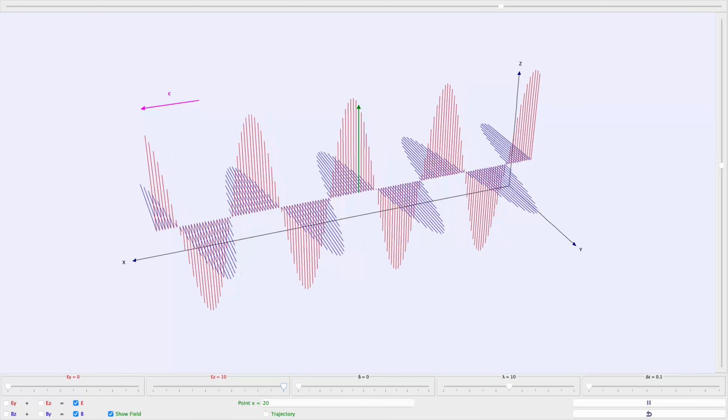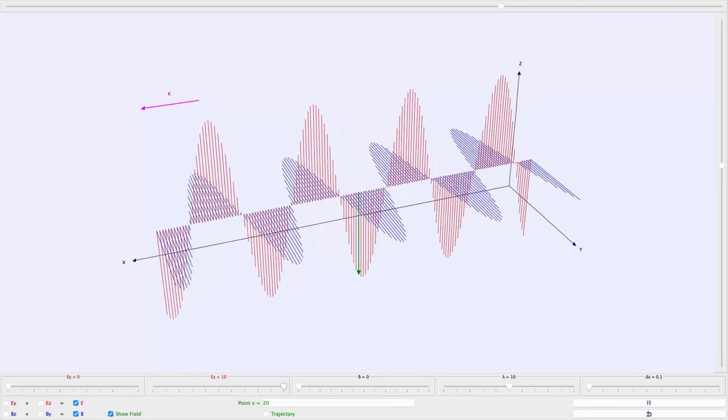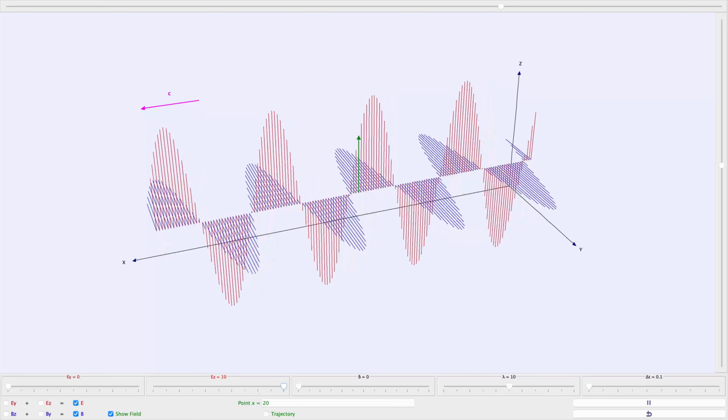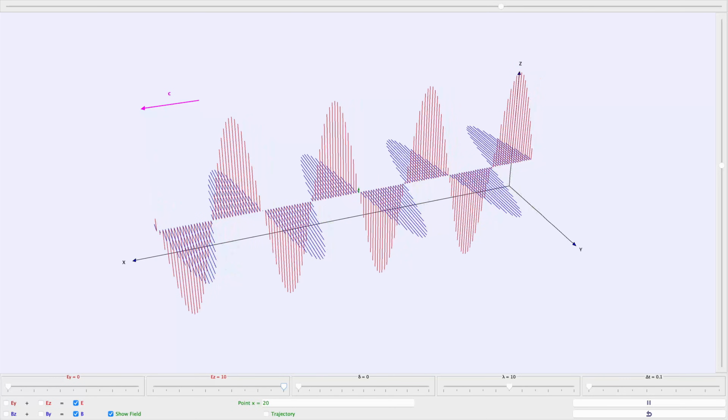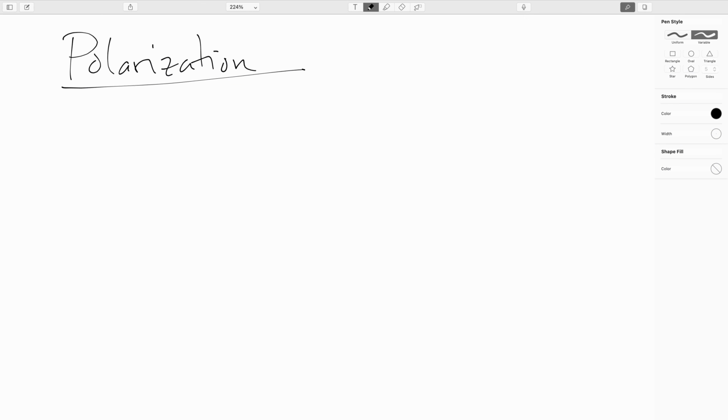All right, so how can we make light that's like this, and how can we detect light that's like this? Well, it turns out that with most light sources, but not all, the light comes out unpolarized. What that means is that light coming off from different atoms in the light source will be pointing in different random polarization directions.